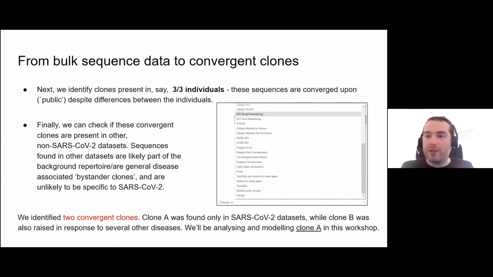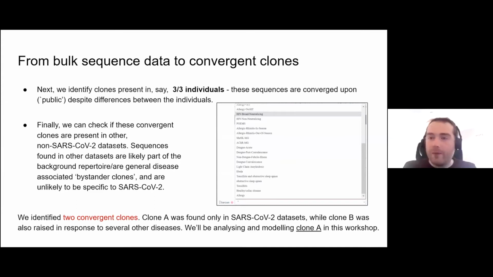So we have this idea of convergent evolution, even if they potentially start from different initial conditions. And so this introduces the idea of what's known as public clones. This is a clone that will naturally be converged on in multiple individuals. And so we can take all of these clones from our different individuals and then just pick out ones that are present across the different individuals.